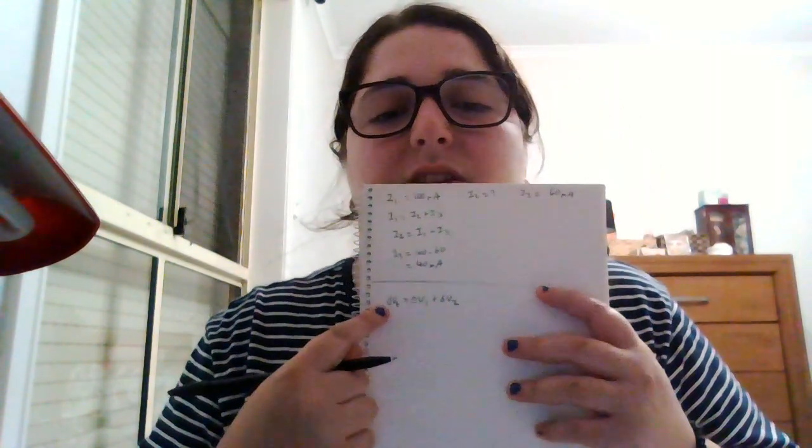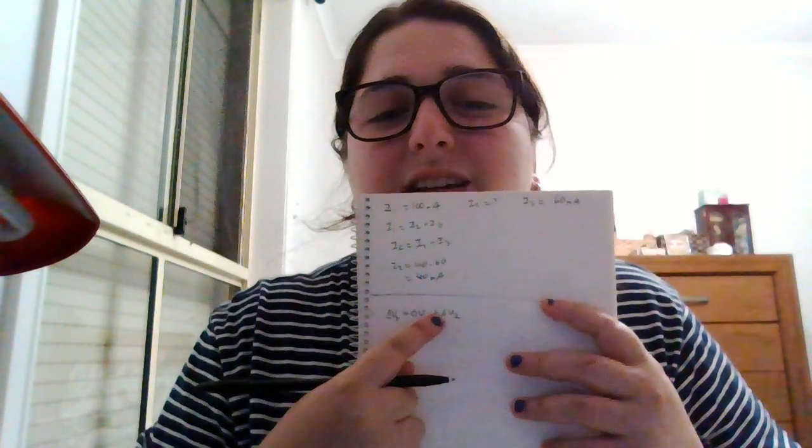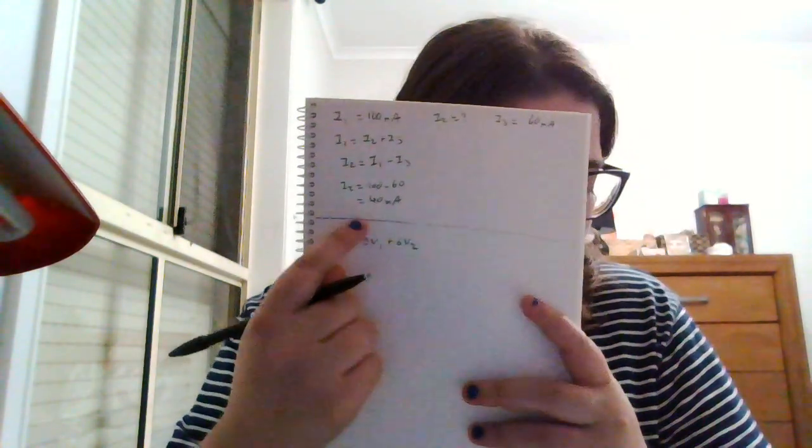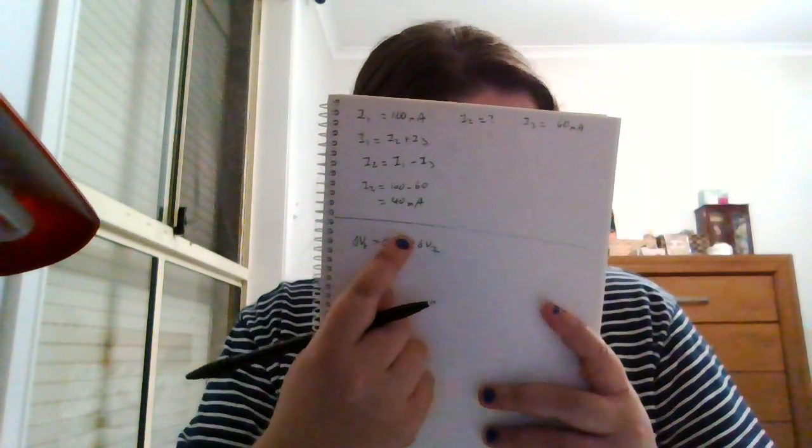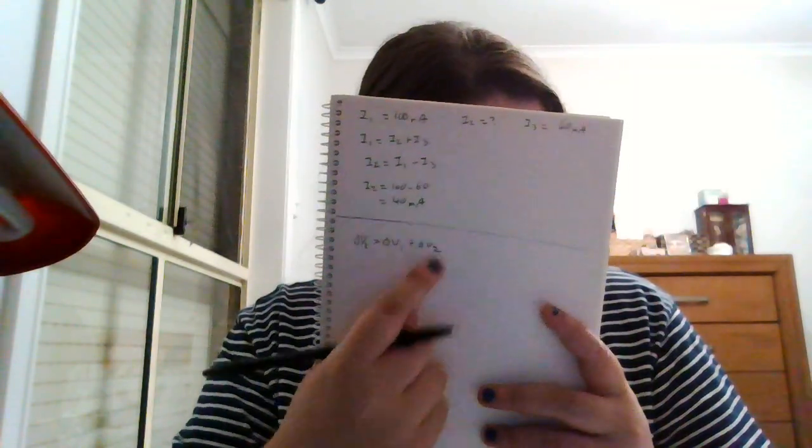So we are using our change in volts equation, which is delta VT equals delta V1 plus delta V2. These are triangles next to the V.